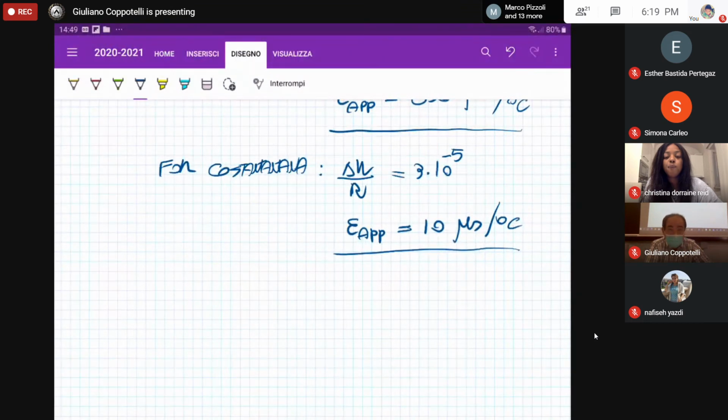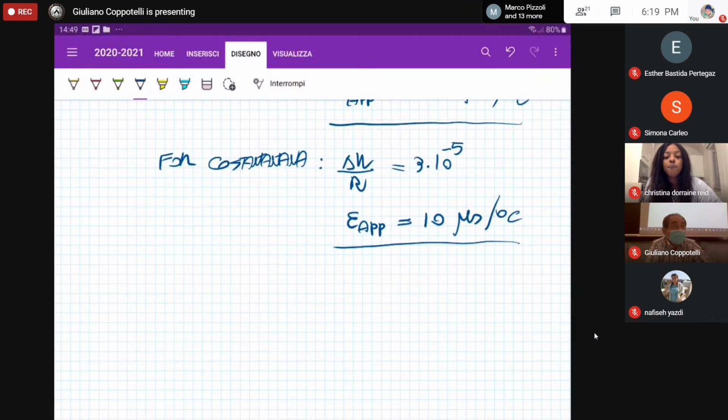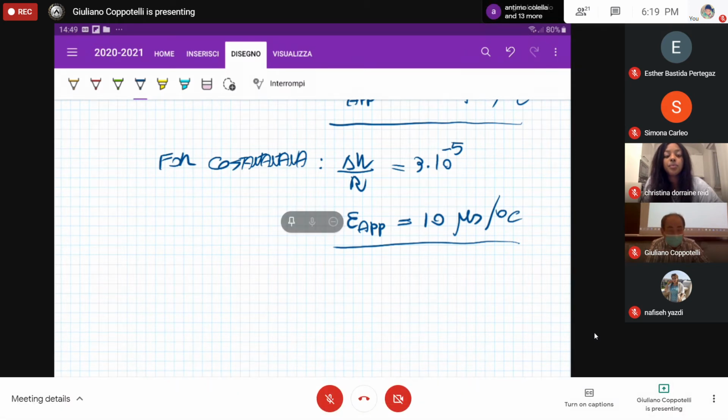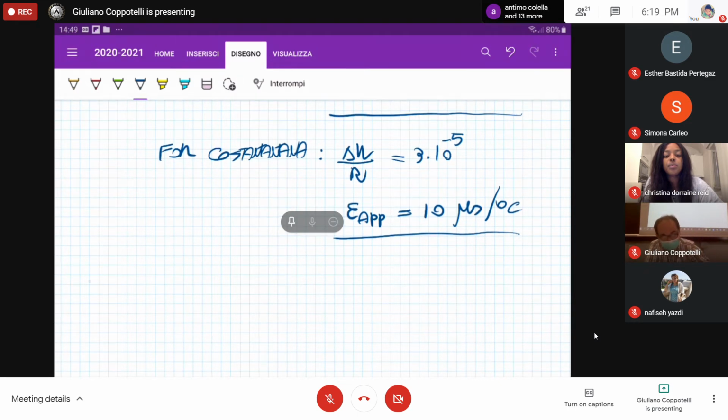So now we are referring also to the thermal effect of your host structure. So the strain epsilon is also a function of the temperature.